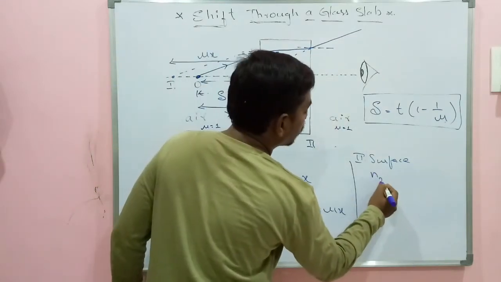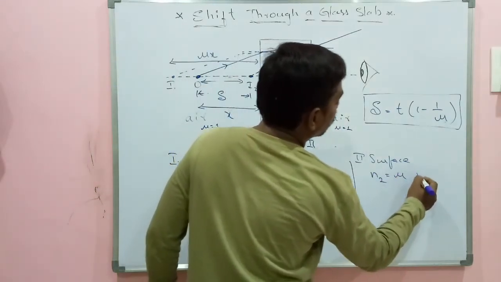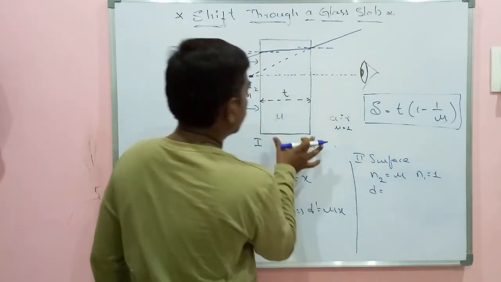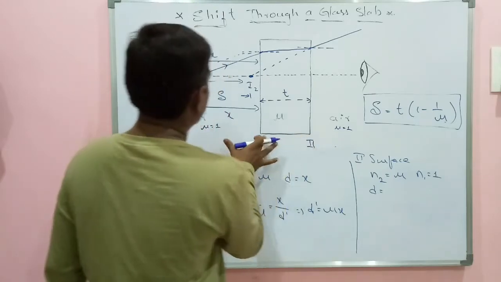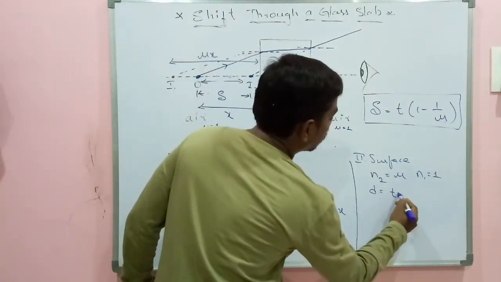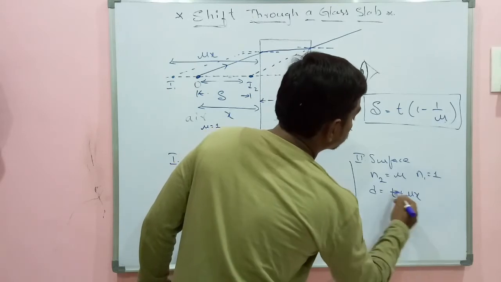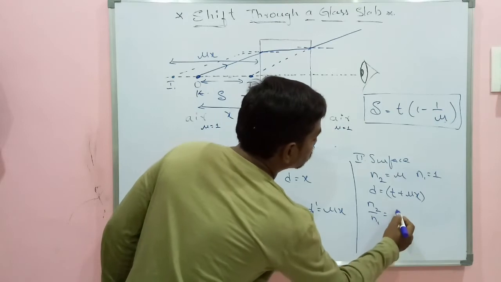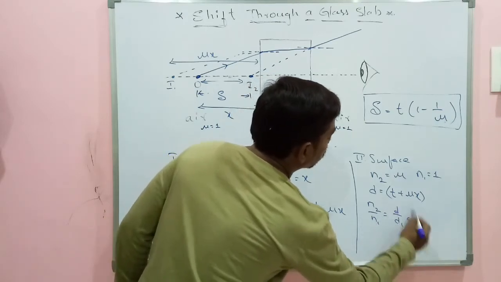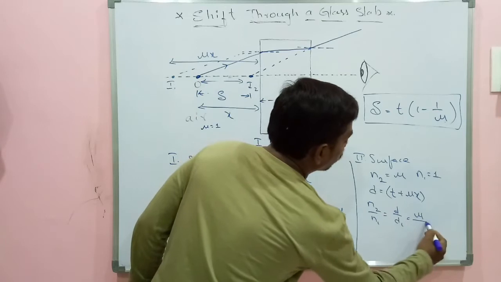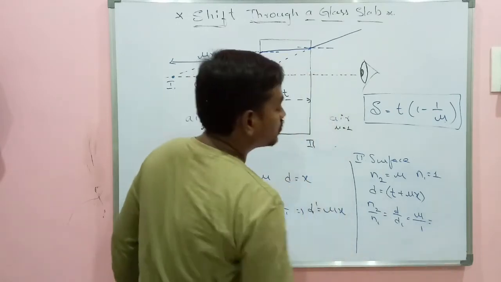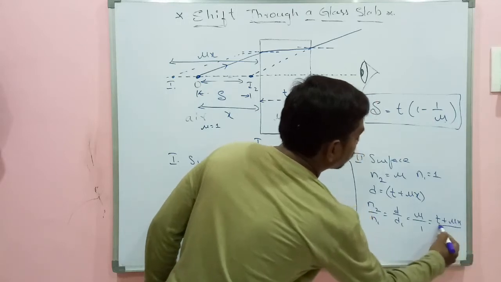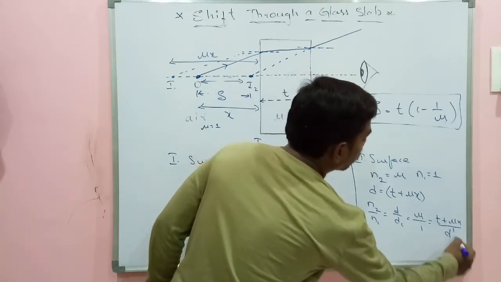So here N2 equals mu, N1 equals 1, and D will be T plus mu x. So use the formula N2 by N1 equals D by D dash. Mu by 1 equals T plus mu x by d dash.